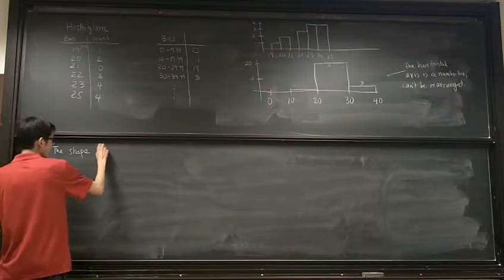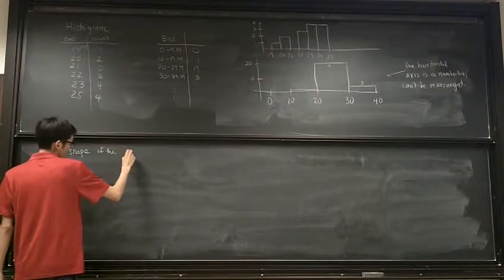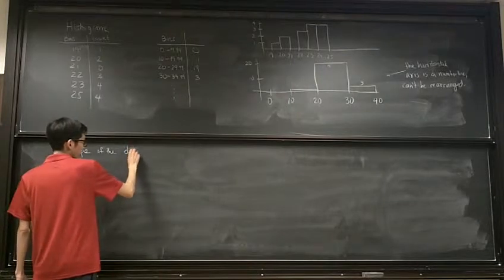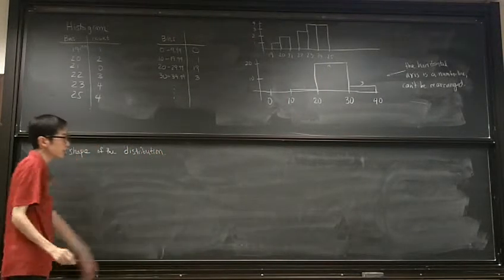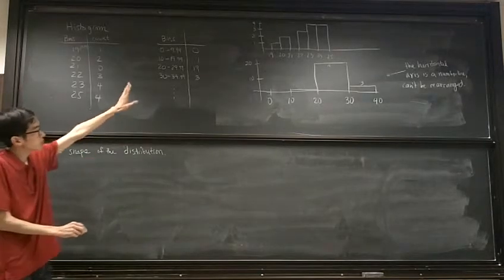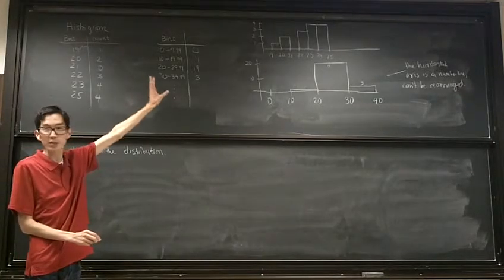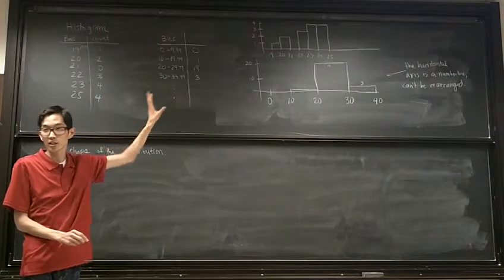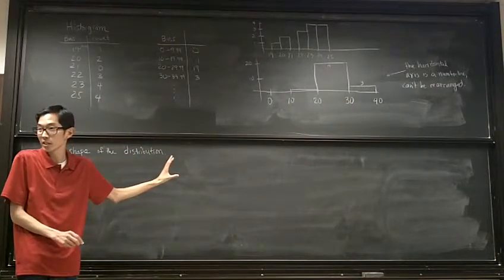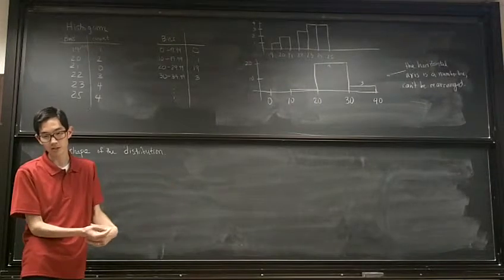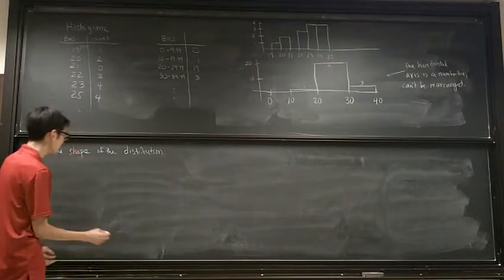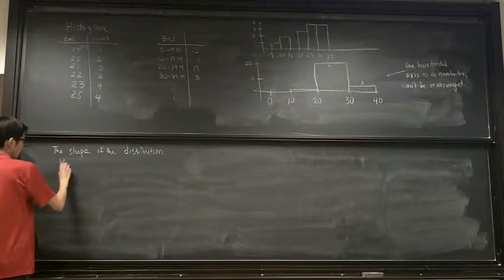The shape of the histogram, or the shape of the distribution. Because a histogram is just a pictorial representation of the numbers in our data, right? And when we talk about the numbers in the data, we're actually saying, what is the distribution of data there?